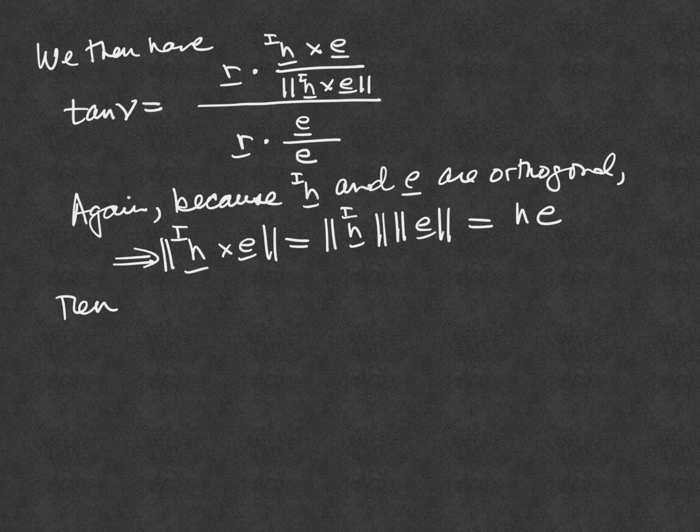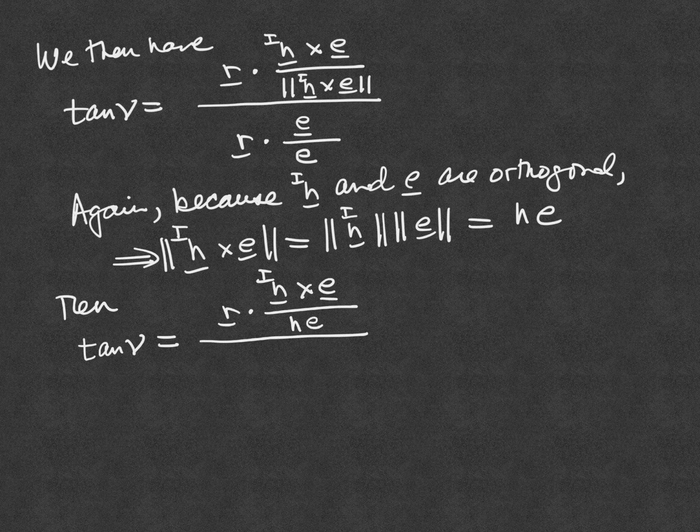So then, the tangent of the true anomaly is equal to the numerator, r dotted with h crossed with e, all divided by he, because I just computed he. And the denominator looks like r dotted with e divided by its magnitude.